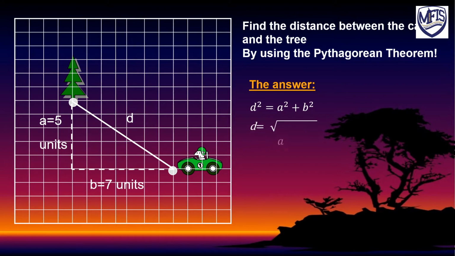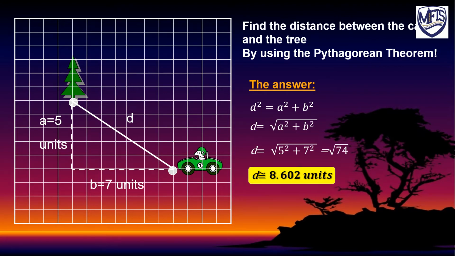Then d squared equals a squared plus b squared. That means d equals the square root of a squared plus b squared. By substitution, d equals square root of 74. Now I can write the value of d in decimal form. d approximately equals 8.602 units.